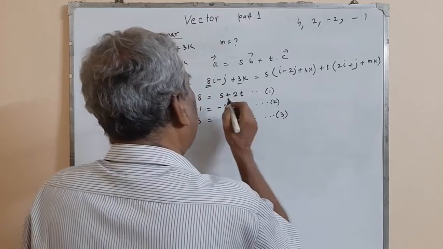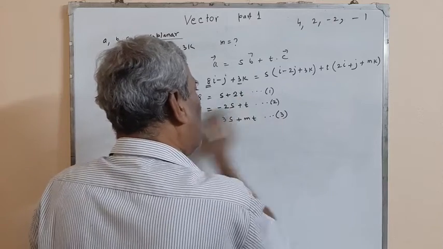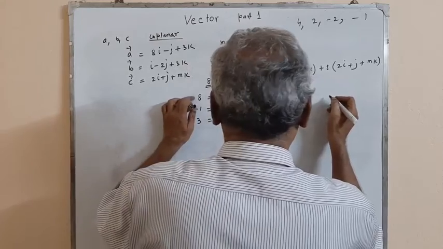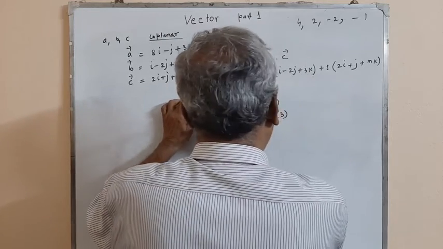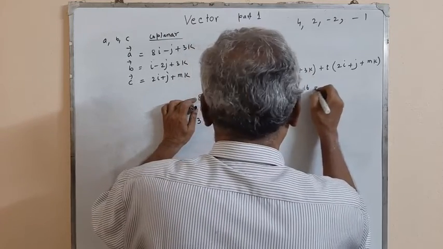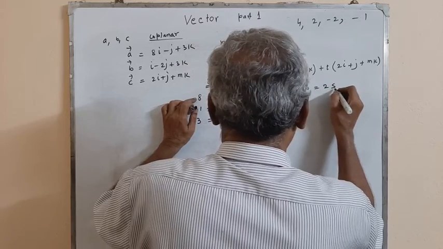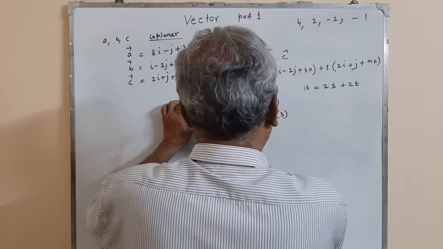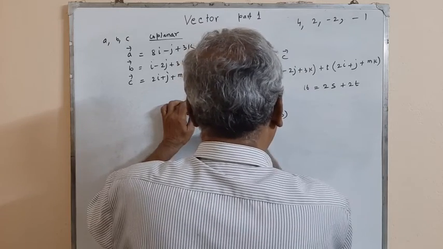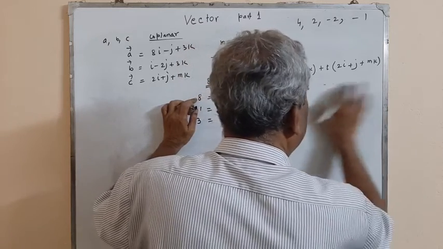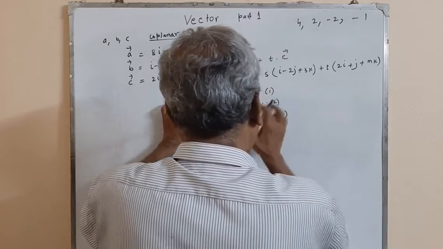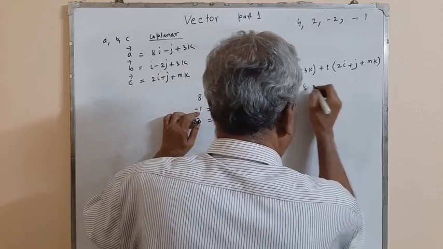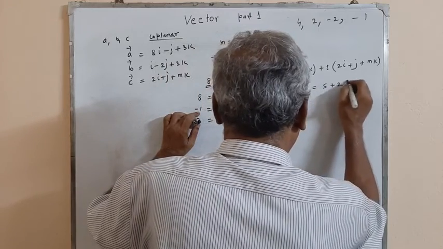In that case, except s and t, all are known quantities. Multiply the second equation by 2 and subtract. 8 is equal to s plus 2t.